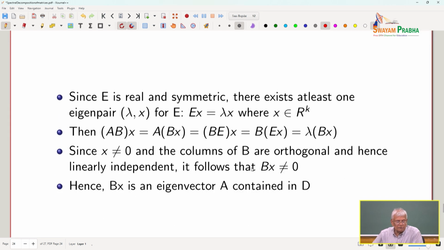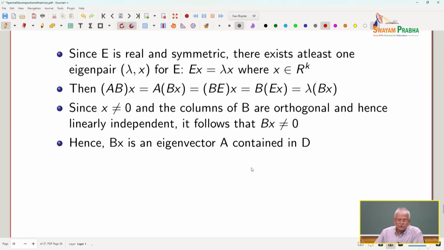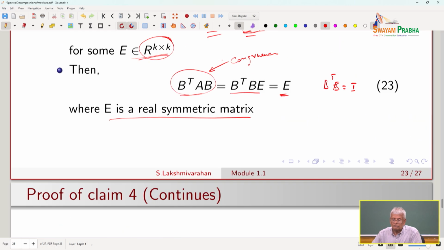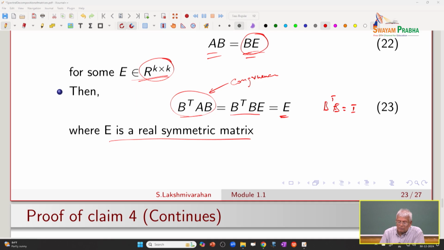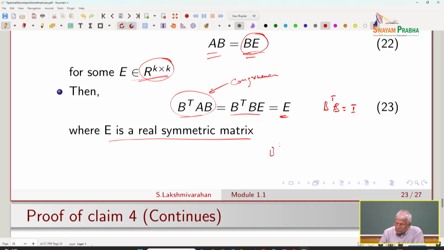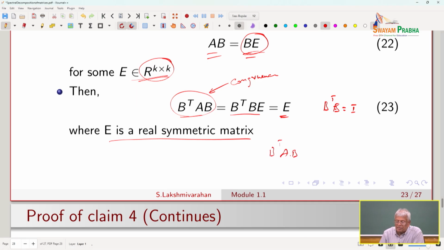The proof of the claim 4 continues. Since A is real and symmetric, now please understand, A is symmetric, B transpose AB is symmetric, and B transpose BE is symmetric, so E must be symmetric.